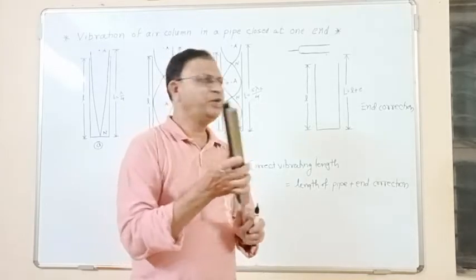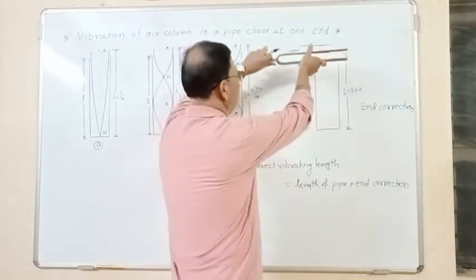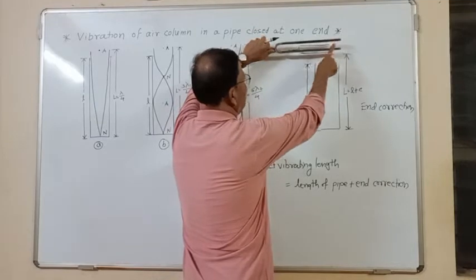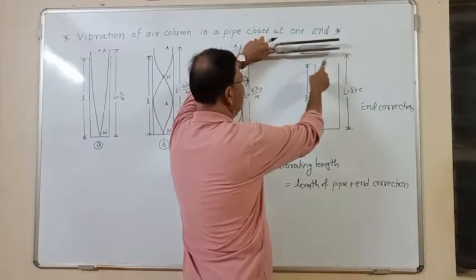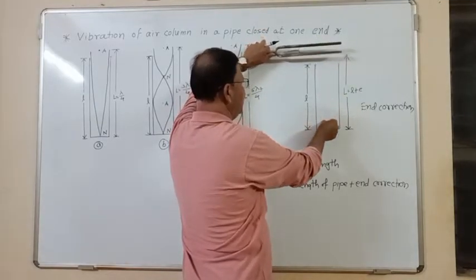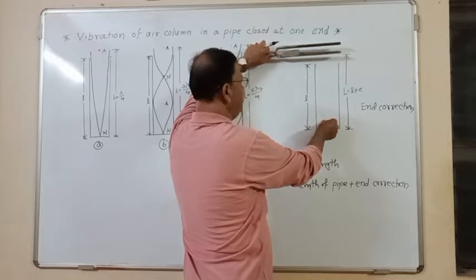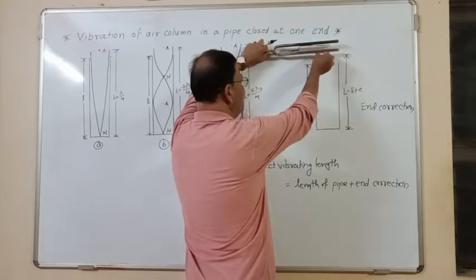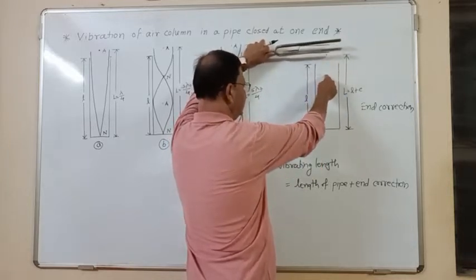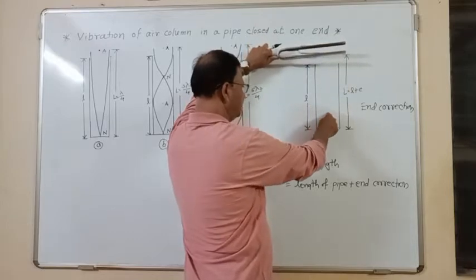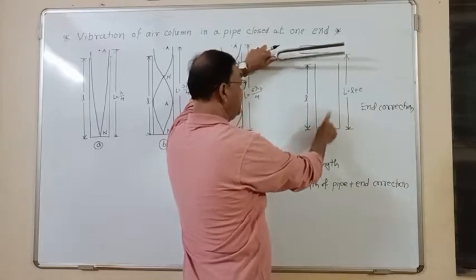Such a vibrating tuning fork is held such that its prongs are perpendicular to the length of the tube or the pipe. Then the longitudinal wave travels along this tube and gets reflected from the closed end.